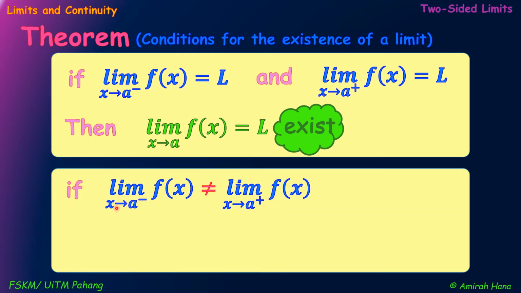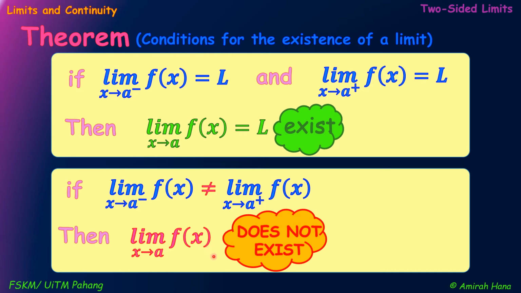If limit x approaches a from the left f(x) does not equal limit x approaches a from the right f(x), then limit x approaches a, no right or left here, f(x) does not exist.